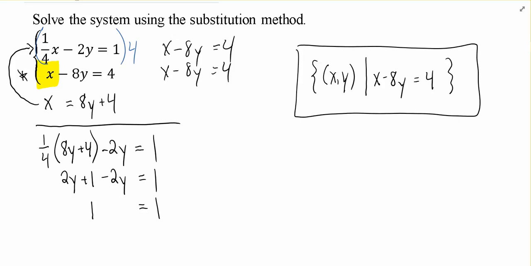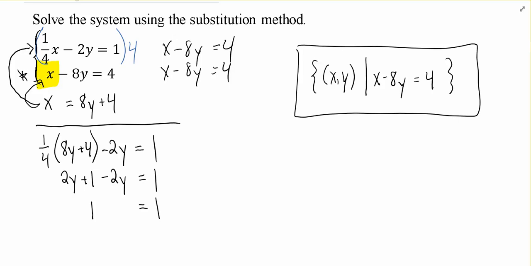For instance, if we would have taken our substitution equation and plugged it back into itself, you're always going to get a 1 equals 1 or 0 equals 0 situation. So we've got to be careful there. We've got to make sure that we're plugging our substitution equation back into the other equation. That's really, really important.